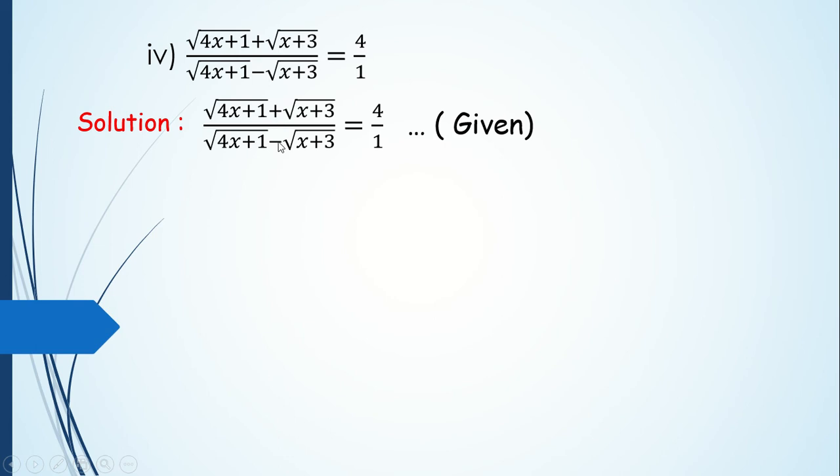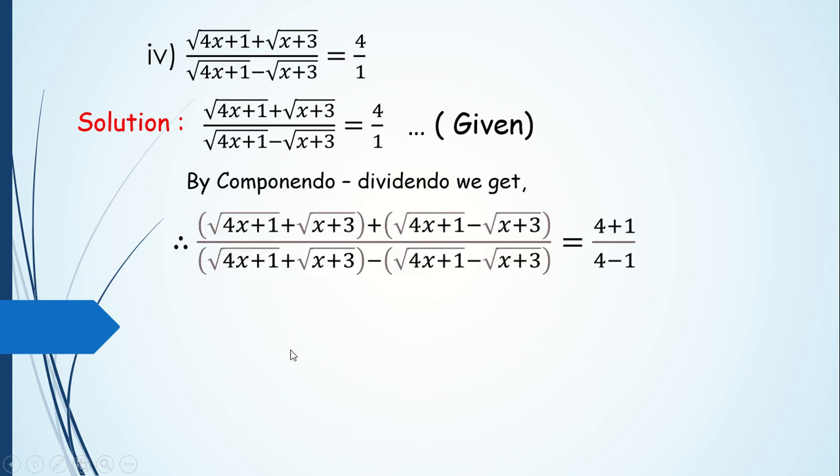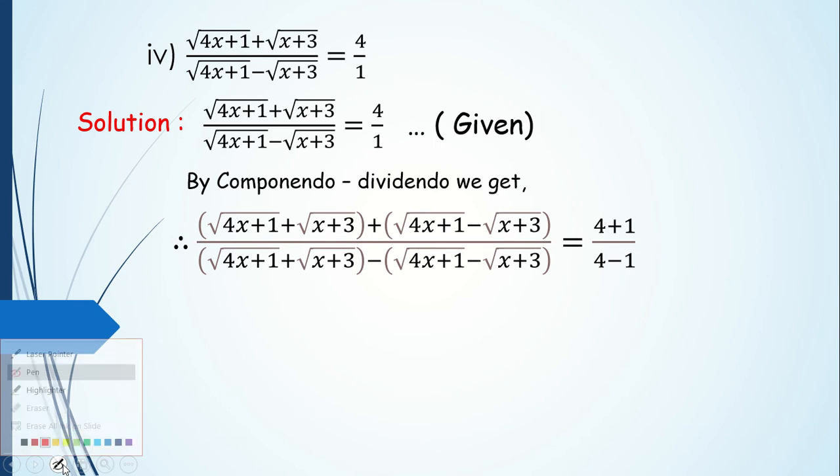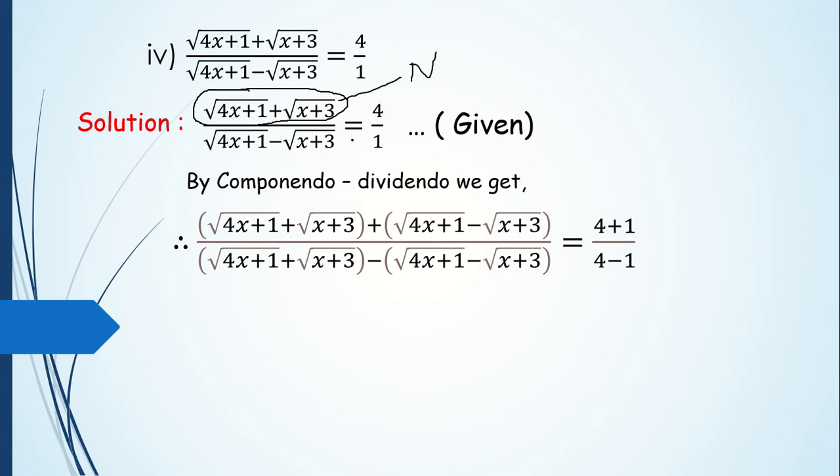Now we will do componendo dividendo here. Componendo dividendo means what? Numerator plus denominator upon numerator minus denominator. So let's do that. By componendo dividendo we get numerator plus denominator. This full thing is the numerator and this thing is the denominator.